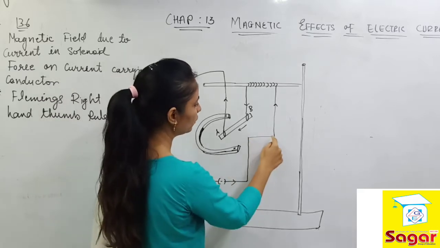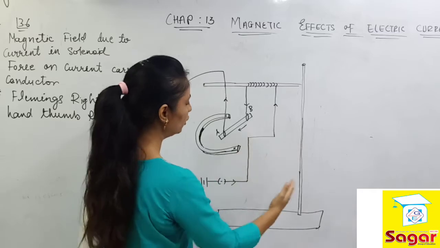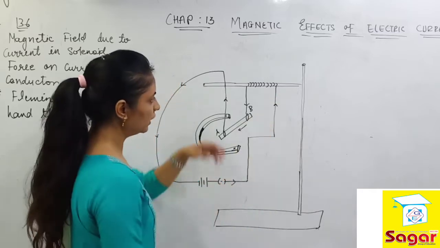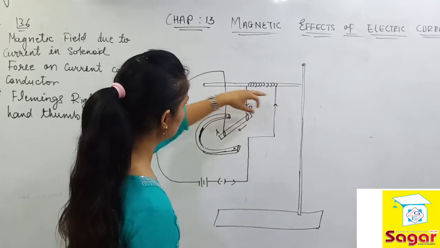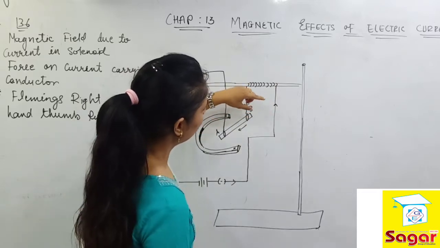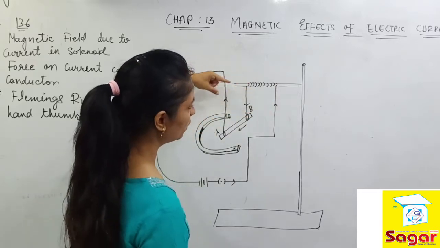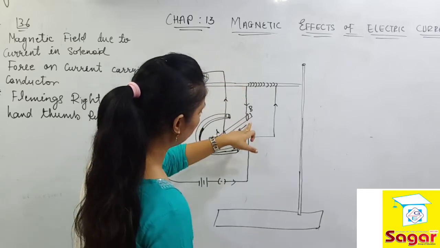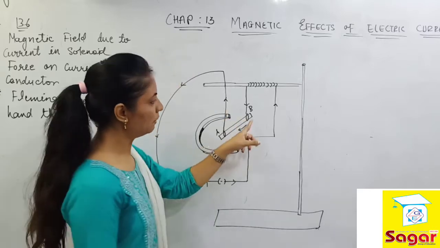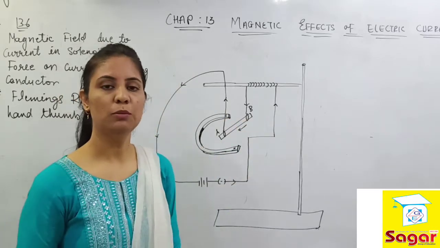The other end of the battery and plug key is wrapped around a stand. Over one arm of the stand we have wrapped the remaining part of the copper wire, and its other end is attached to point B of the aluminium rod.